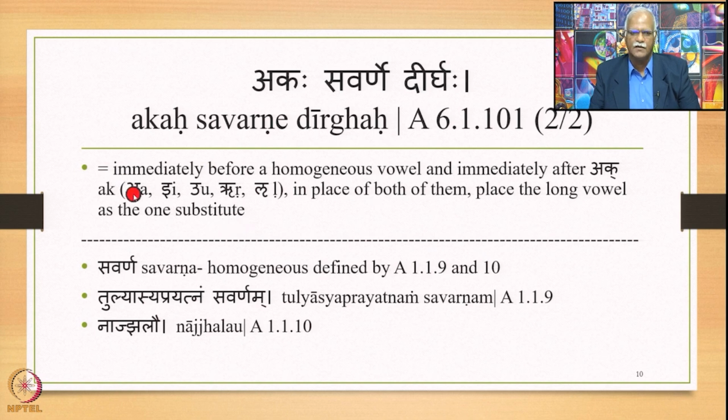And I repeat, immediately before a homogeneous vowel, Savarne Achi, and immediately after Ak, Akaha, that is immediately after A, I, U, Ru or Lu, in place of both of them, Purva Parayoho, place the long vowel as the one substitute, Ekaha.